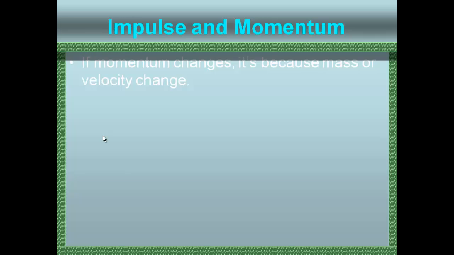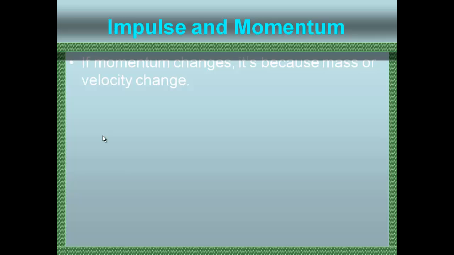Now, mathematically speaking, an impulse is found by multiplying the force times the time that the objects are in contact with each other, so the impact time. So an impulse is force of the impact times the time of the impact.